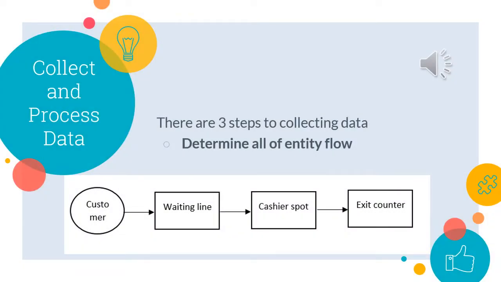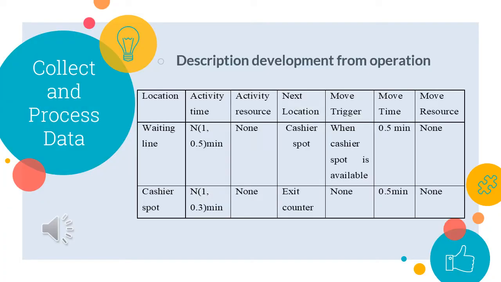Still in collect and process data, we have three steps to collecting data. The first is determine all of the entity flow. The first is customer, then go to waiting line, then cashier spot, and the last is exit counter. So next, in description development from operation, we have this table.